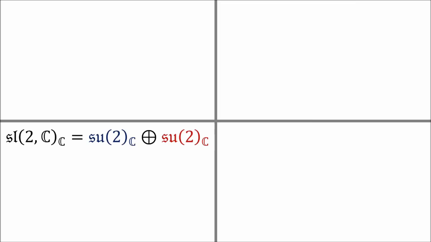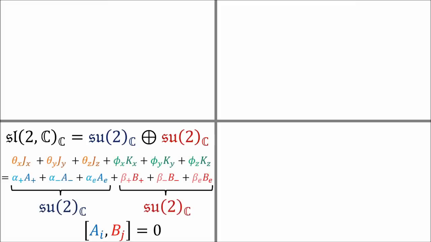So to sum up this video, we learned that if we took the 6 generators of the SL2C Lie algebra and changed basis to the A's and B's using complex coefficients, we could decompose the complexified SL2C Lie algebra into 2 copies of the complexified SU2 algebras.